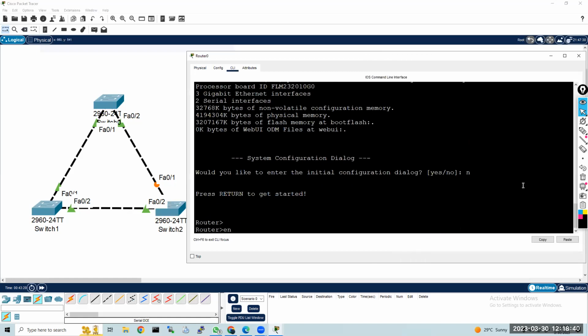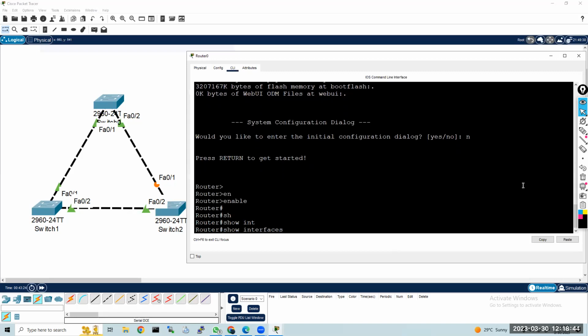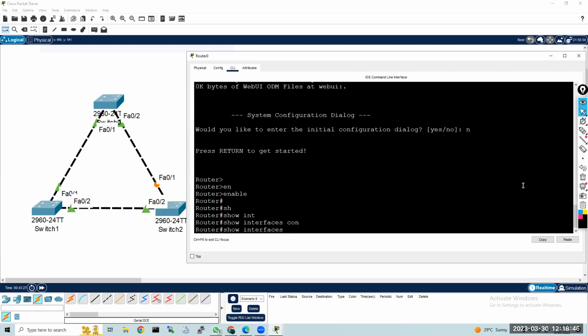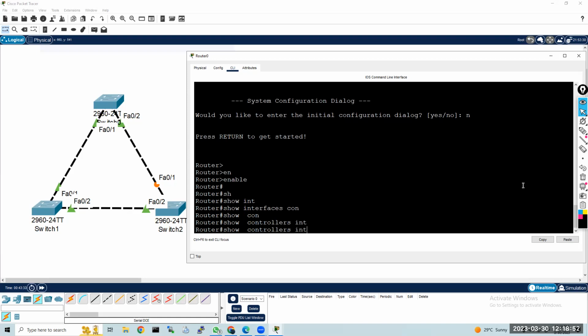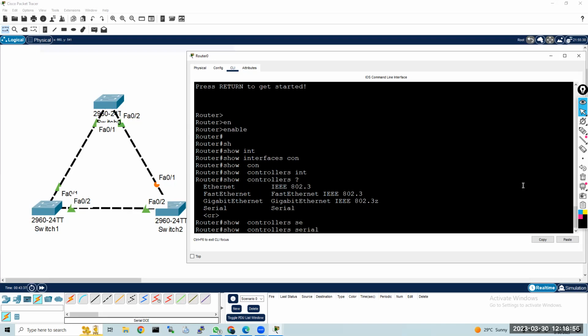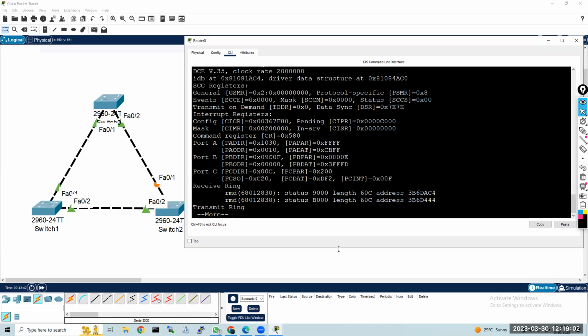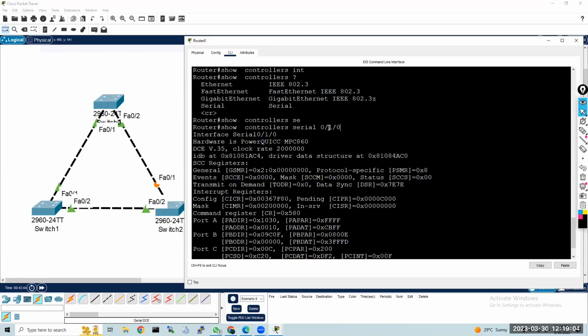Show controller serial 0/1/0. So this is the command, guys.